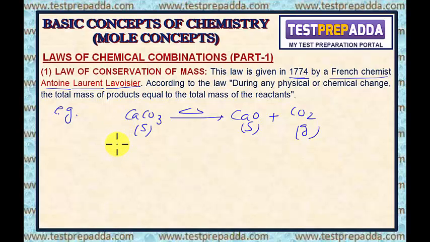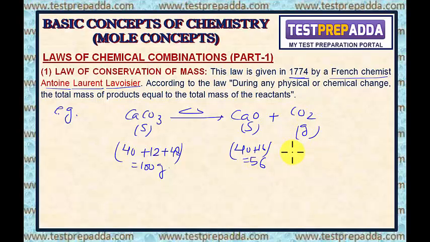Now, if I write the molar mass of calcium carbonate, it is 40 plus 12 plus 16 into 3, that is 48, and this comes 100 gram. Calcium oxide, the molar mass will be 40 plus 16 means 56. The molar mass of CO2 will be 12 plus 32, 16 into 2, 32, and that is 44.